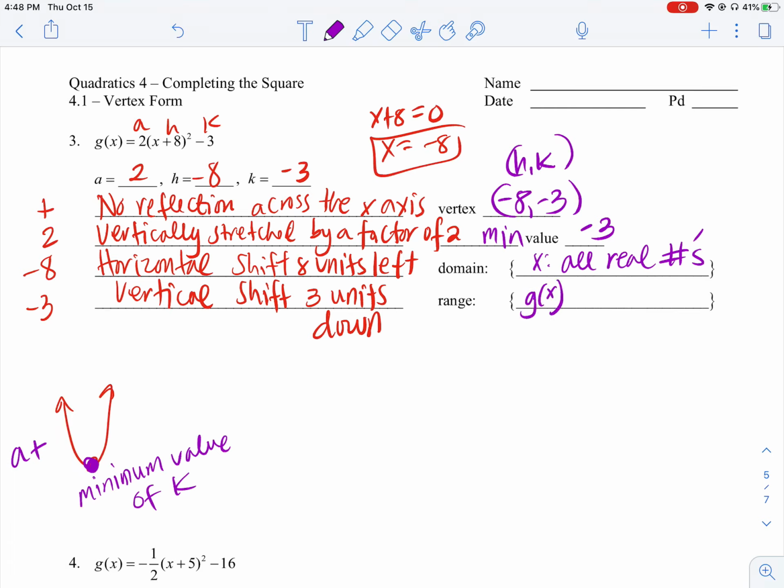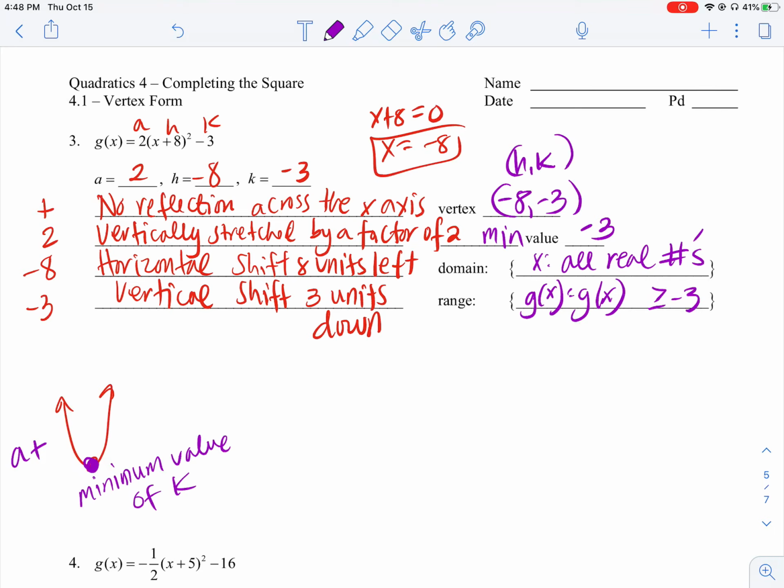And because I said that the lowest point of the graph is negative 3, everything else should be greater than or equal to that number. Okay? You can stop here right now and do page 77 of your worksheet.